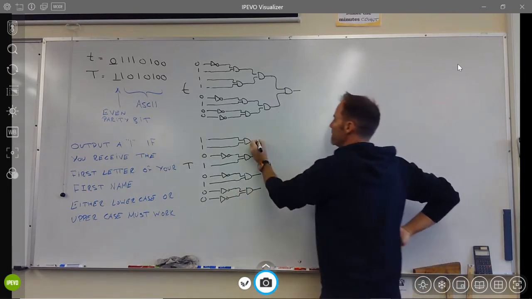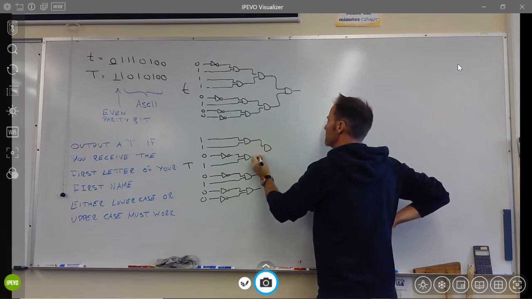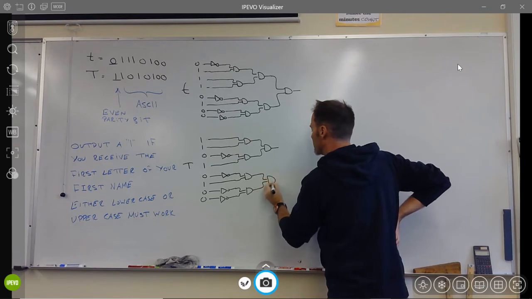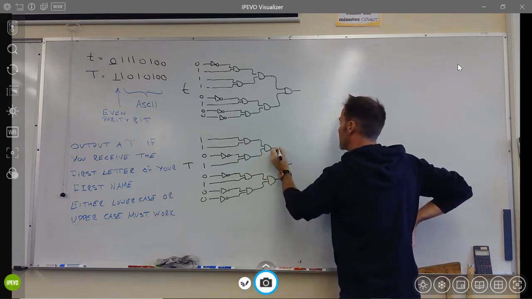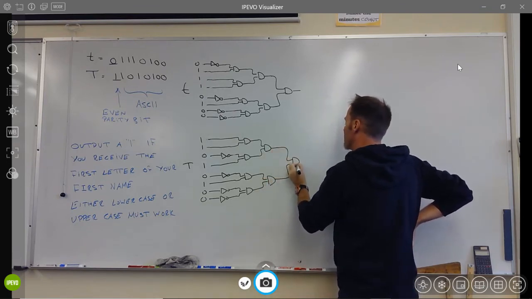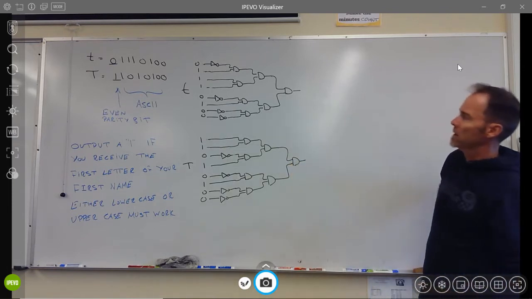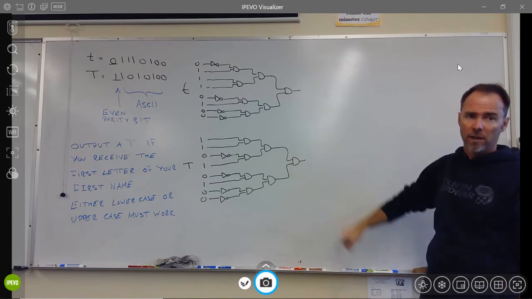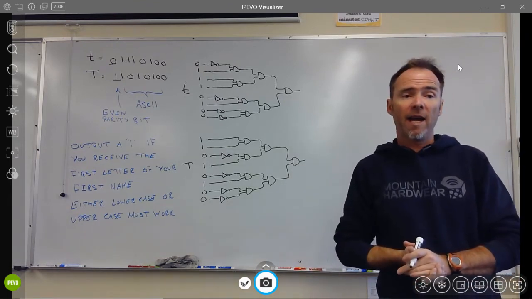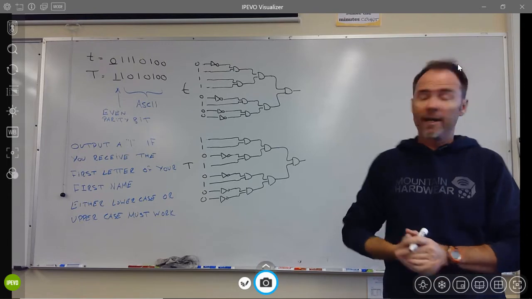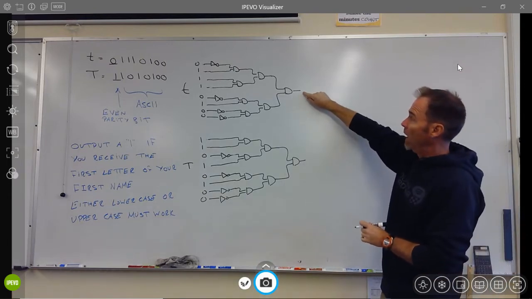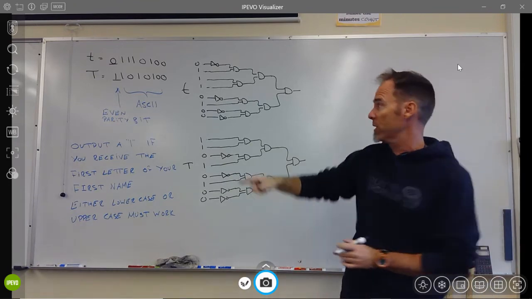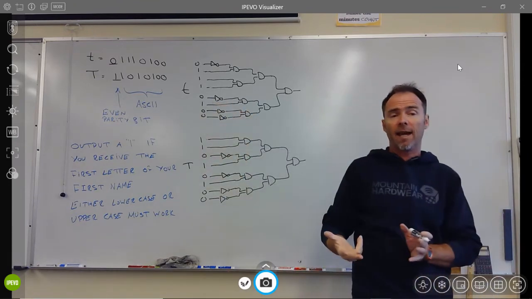Okay, let's combine them. 2 ones on an AND gate gives a 1, again and again. So now I have a 1 on the lowercase t and a 1 on the capital T. I can't give a 1 only if I have a 1 here and a 1 here, because I can't receive these two signals at the same time.